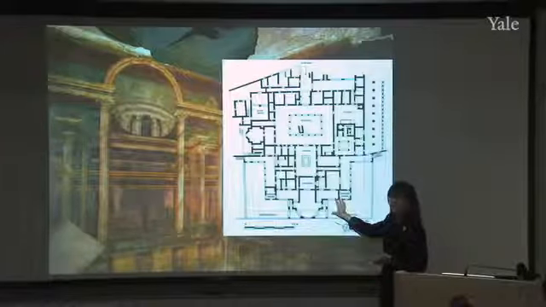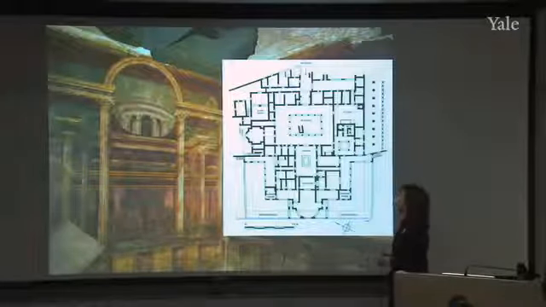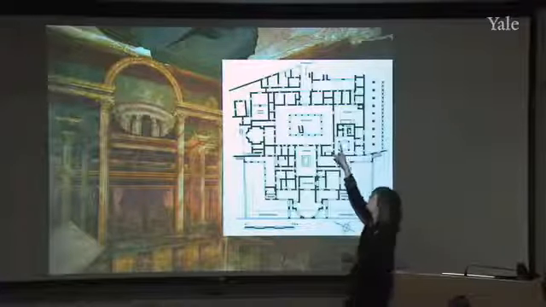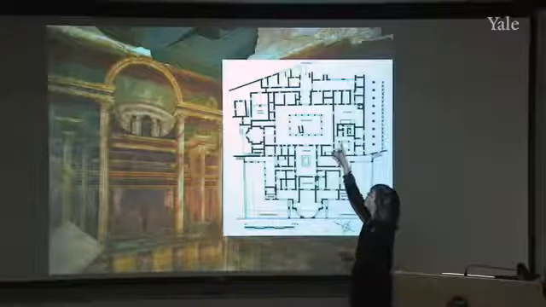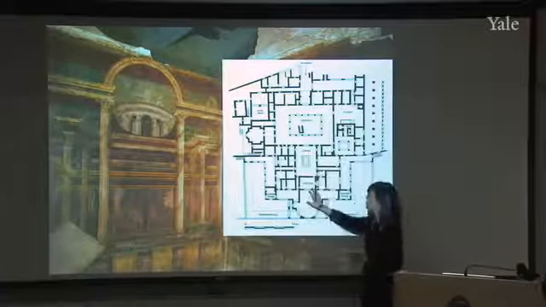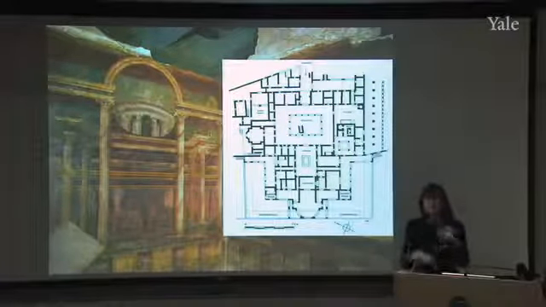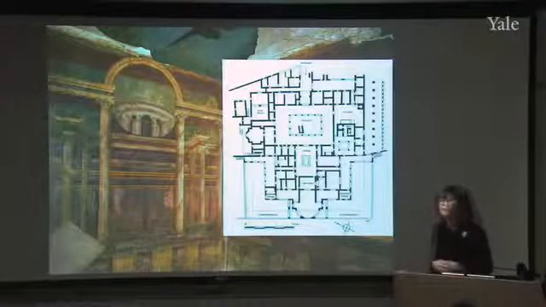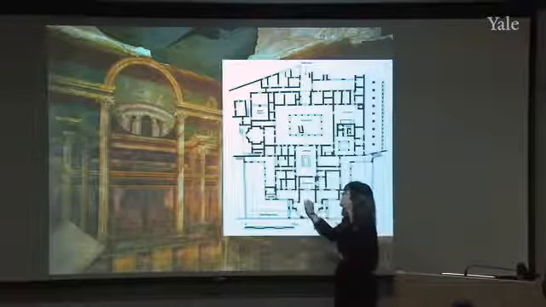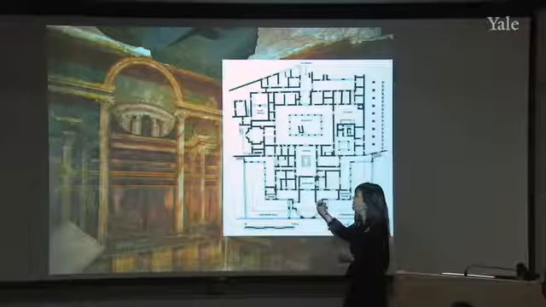This is the second phase plan, which I show to you again. And you'll recall the design of the villa, where you enter at the top, you enter into the peristyle, then into the atrium, then into the tablinum, this unusual sequence of rooms that is more in keeping with villa design, according to Vitruvius, than to house design.